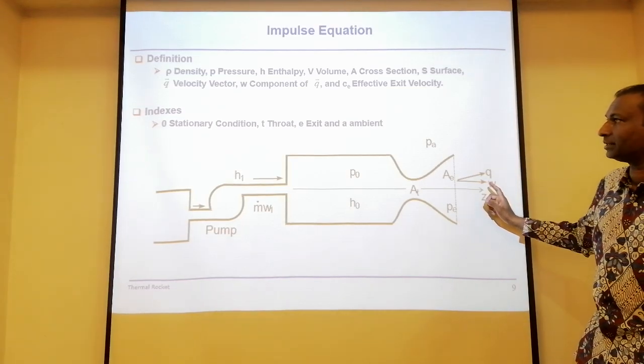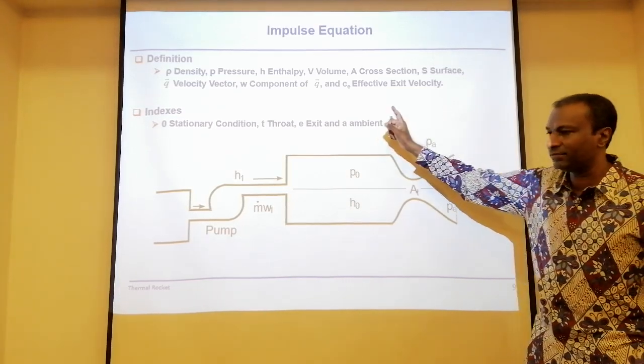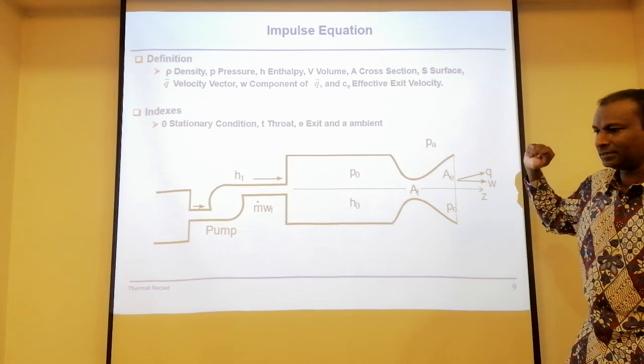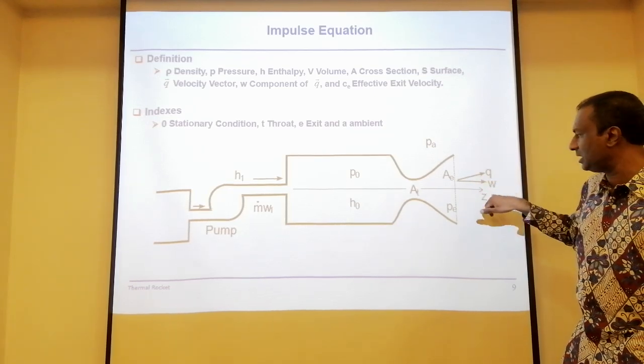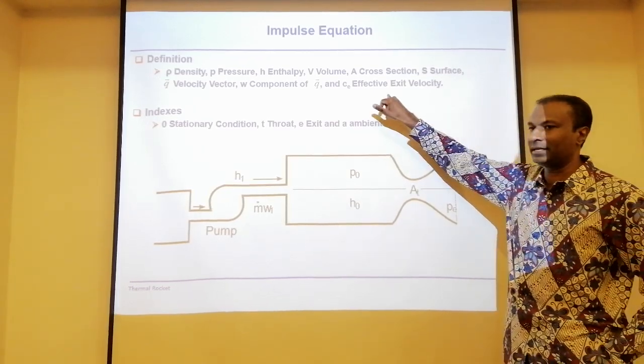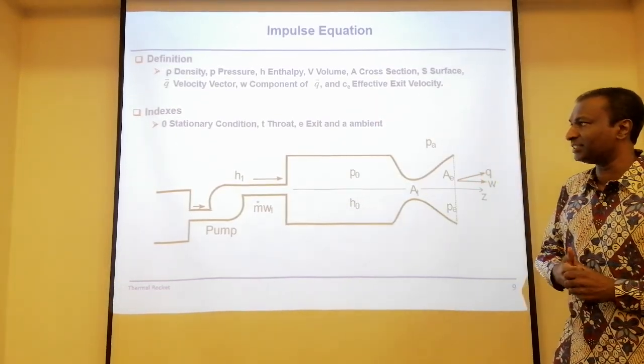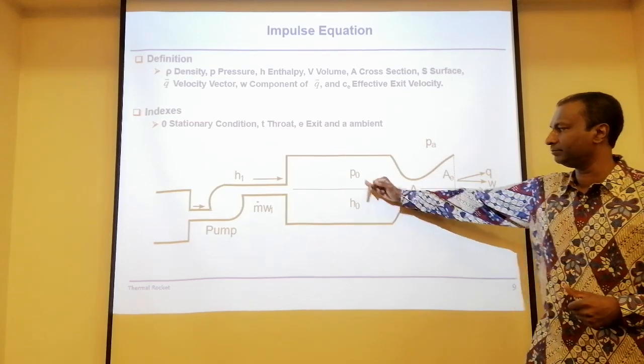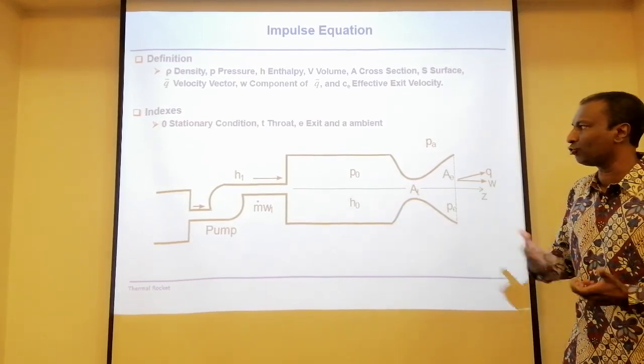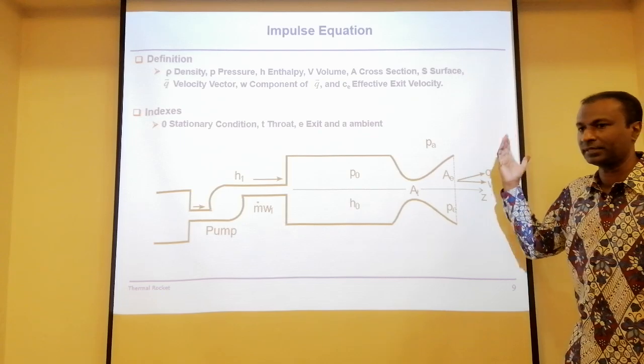I just want to make sure you remember that the exit velocity is directly calculated, but we need to calculate WE in order to get it. Then the indexes: stationary condition, T is throat, E is exit, A is ambient, as you can see.